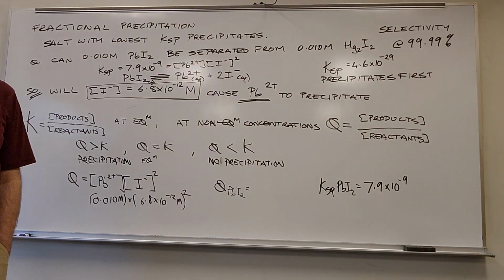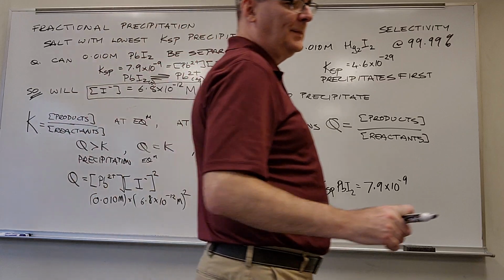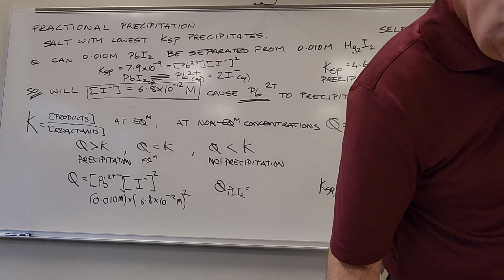We got 4.6 times 10 to the negative 25th. That's not the number I've got in my notes. You didn't square it. 4.6 times 10 to the negative 26. Yeah, that's fine. Okay, let me take a look.